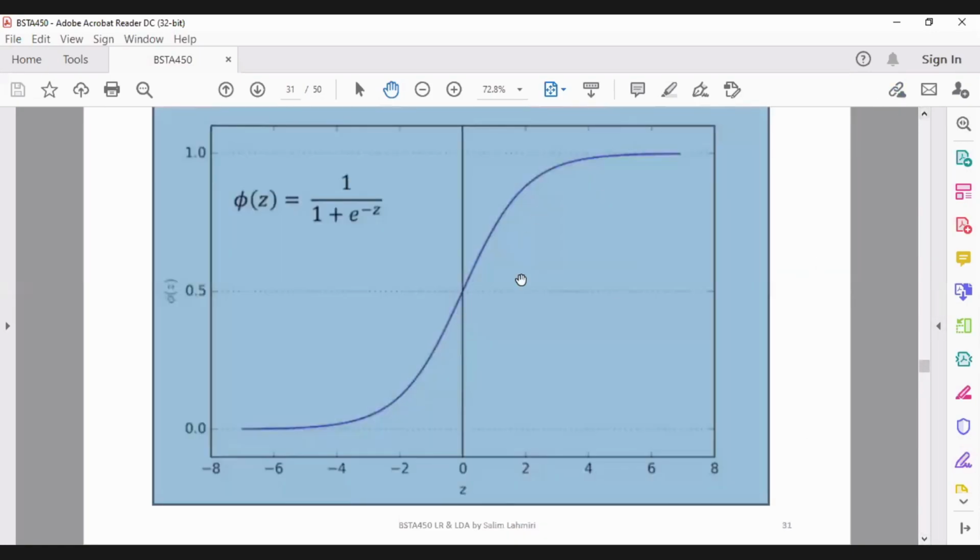So for each input x, the corresponding value of y will be between 0 and 1, and this is what we want, because y is a class taking the value of 1 or 0.